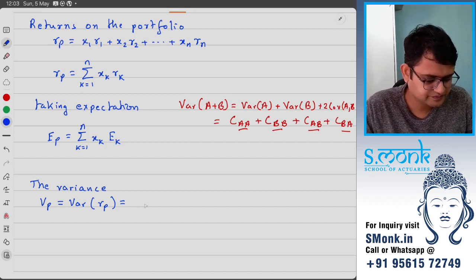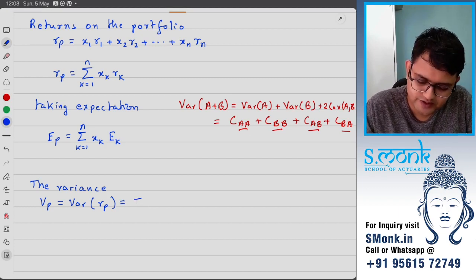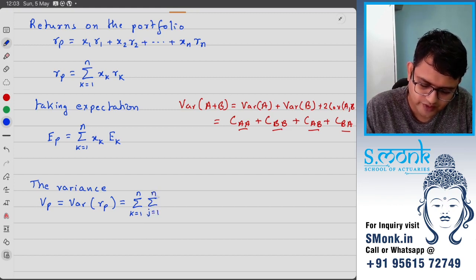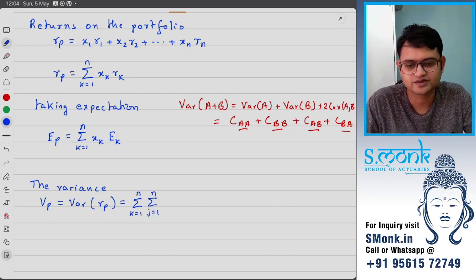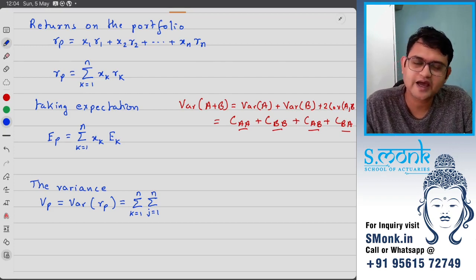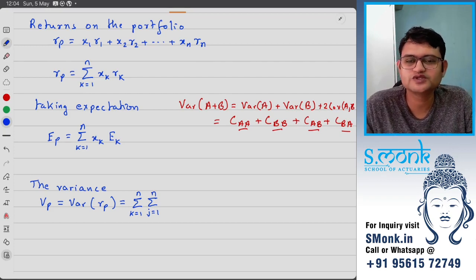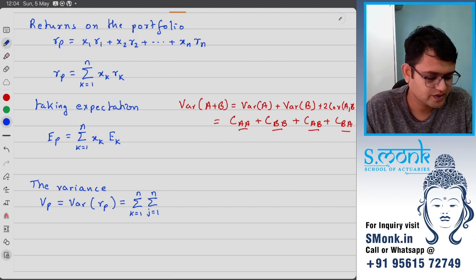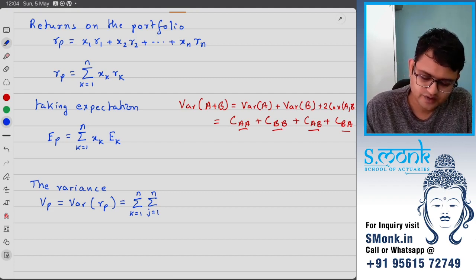That would be, I'll add both of these values, summation K going from 1 to N and summation J going from 1 to N. I've used J and K. I think I and J would also work because we are not using I as a rate of interest now. So you can use I and J everywhere. I've used K and J for the iterative variable.